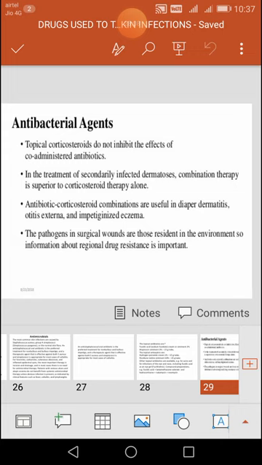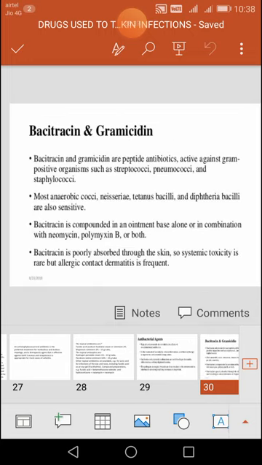Antibiotic corticosteroid combinations are useful in diaper dermatitis, otitis externa, impetigo or impetiginized eczema. That is one type of eczema. The pathogens in surgical wounds are those resident in the environment, so information about regional drug resistance is very important.